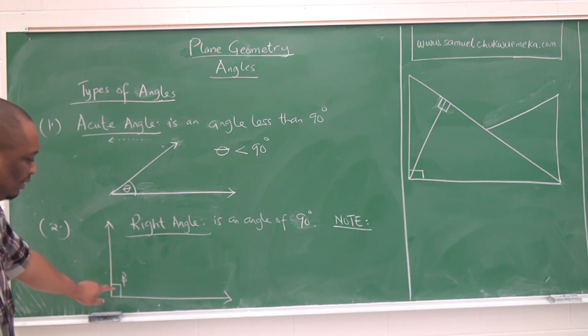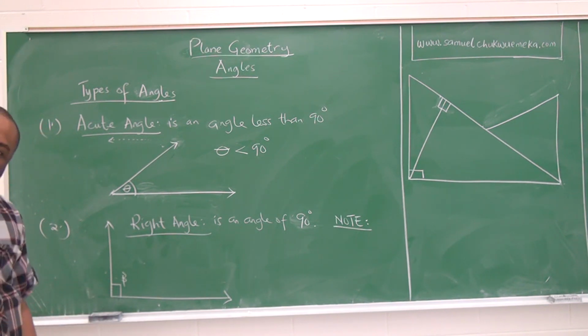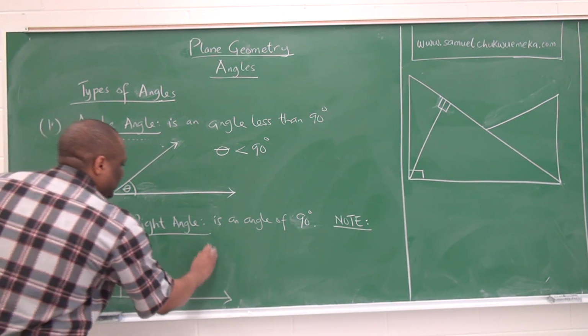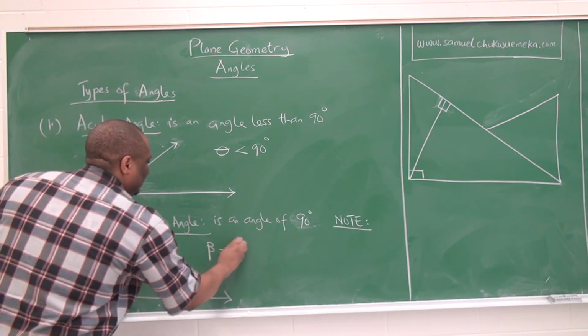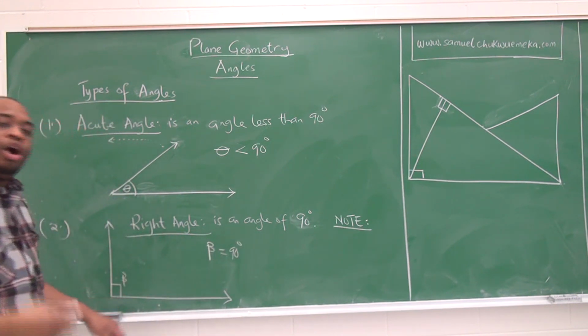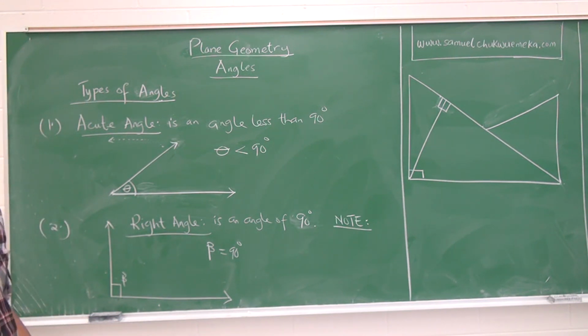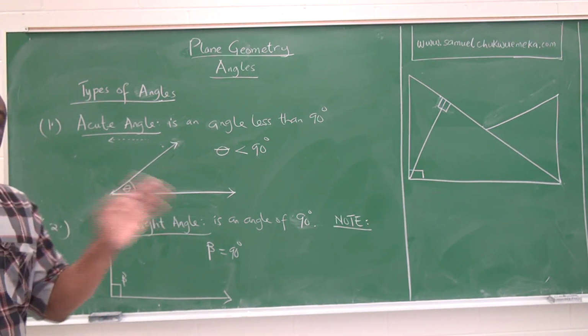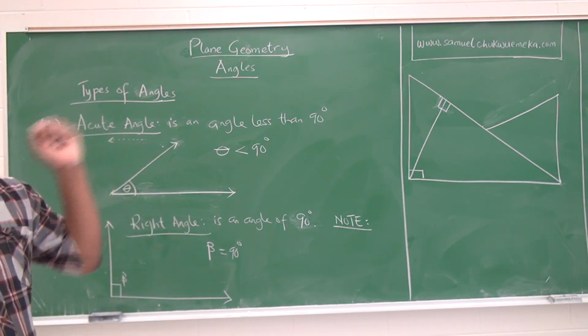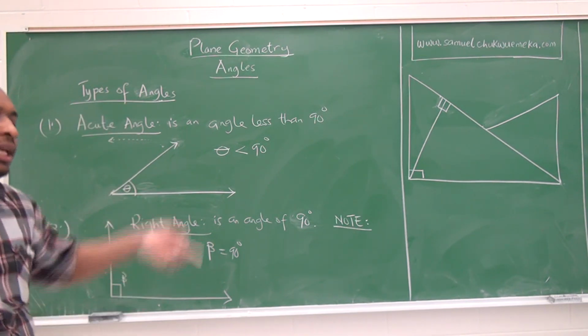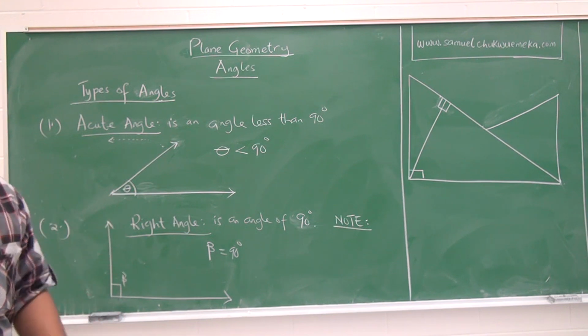If you don't see that box, this means beta is not assumed to be 90 degrees. If you don't see that small rectangular box, or you were not told in the question that it is 90 degrees, please do not, I repeat, do not take it as 90 degrees.